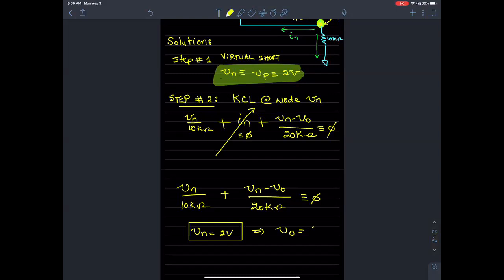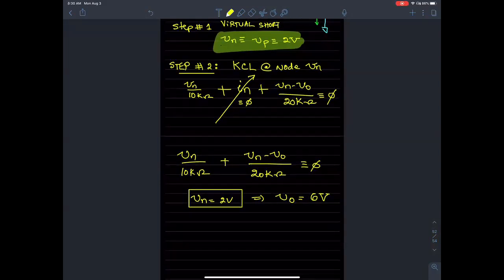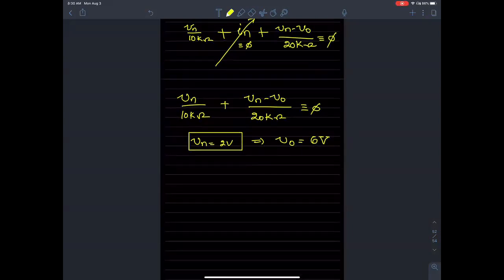You should see something around. Vn is 2. Vn is 2 volts, right? We can double check. One of us is definitely correct. So we can come back and double check that. But you know what to do from here. Plug the numbers in and then get the value for VO.